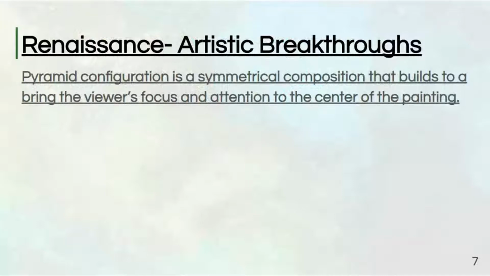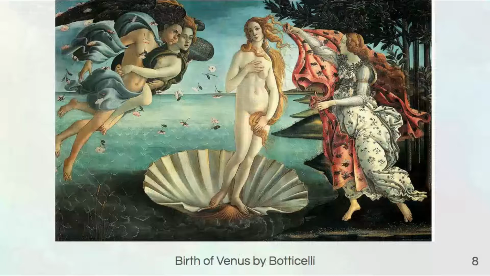Now, we talked recently about movement in art and how our eye travels throughout a piece. In pyramid configuration, at the apex of the pyramid, we have the most important thing that we should be looking at. And in this one, we have the face of Venus.